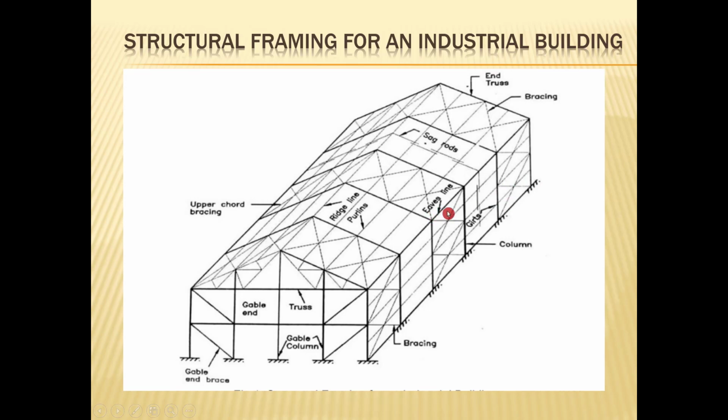And the edge one is called the eaves, and the middlemost one is called the ridge line, and these are the braces. Then this is called the gable end. This is the rear end, and we have braces provided for vertical members on this side as well as the other side. So these are the components, and we will see them in detail.